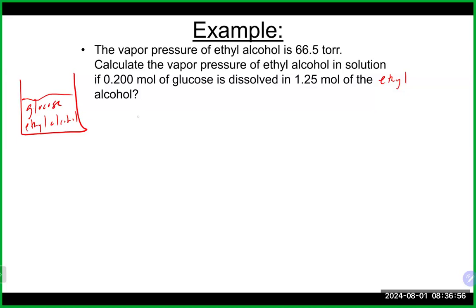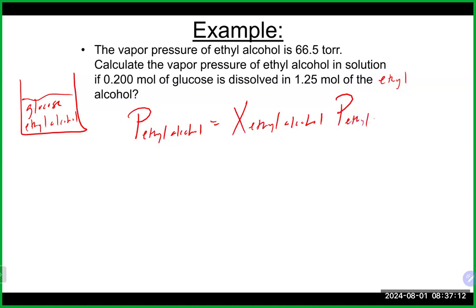We can do that by taking the pressure of our ethyl alcohol equals the mole fraction of our ethyl alcohol times the vapor pressure of the ethyl alcohol by itself.